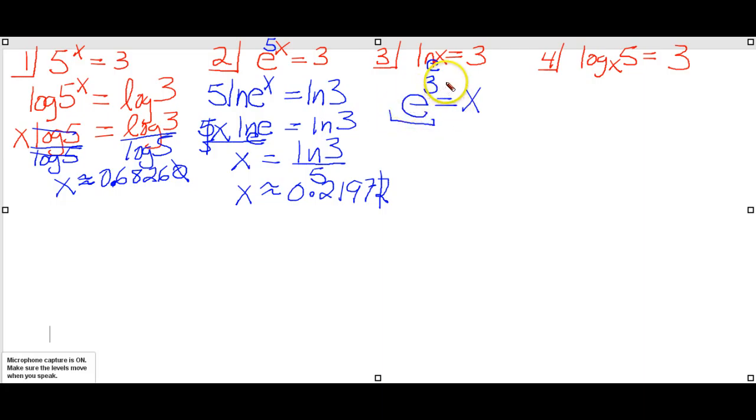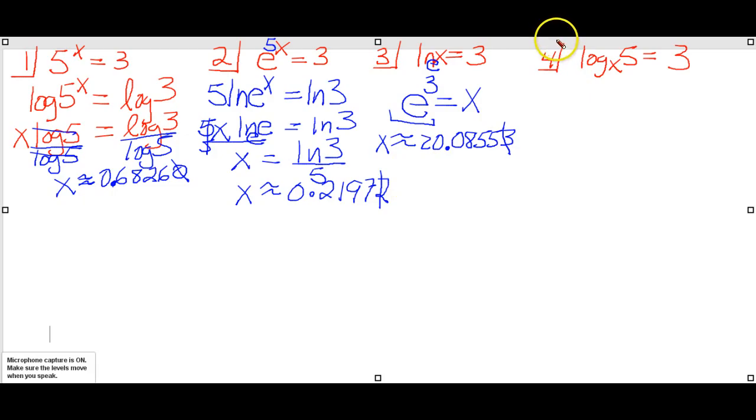And if we put that into a calculator, e caret 3, it comes out approximately 20.0855. With a 3 in this 5th place there. Again, we just drop that. And this is our answer for number 3.